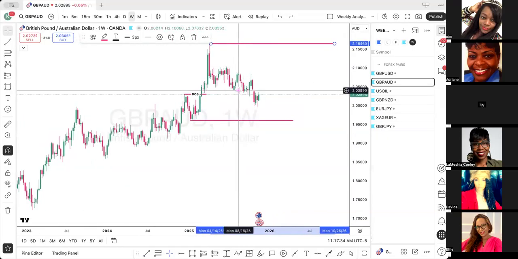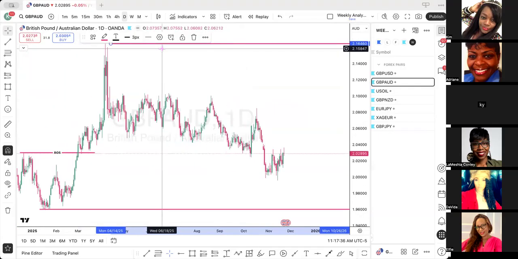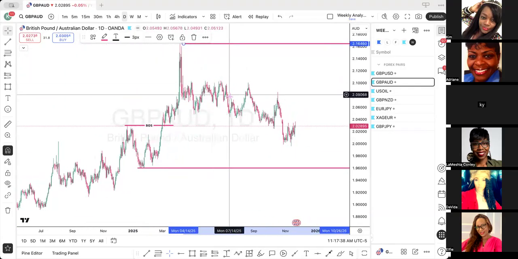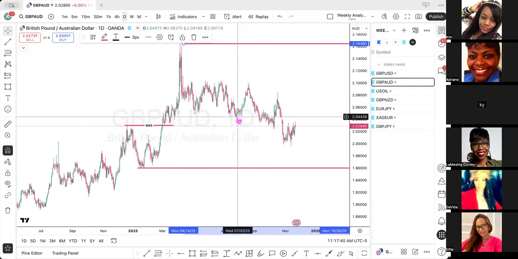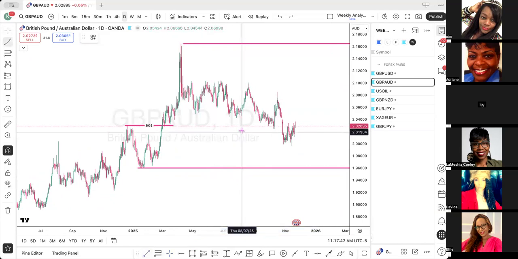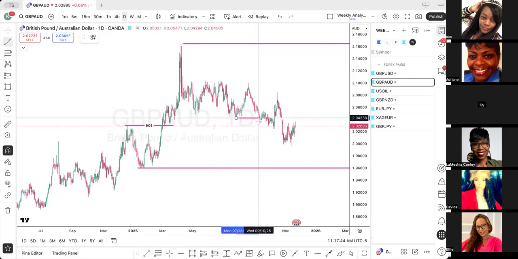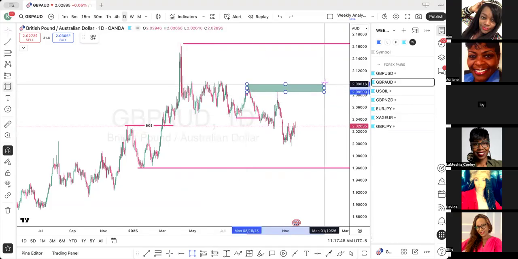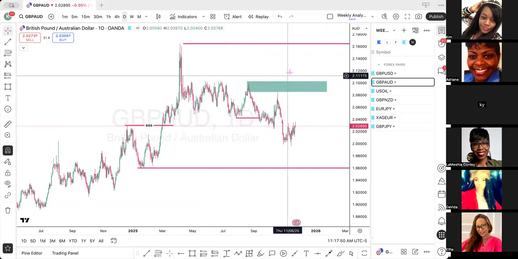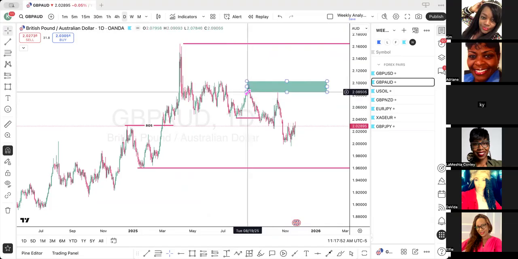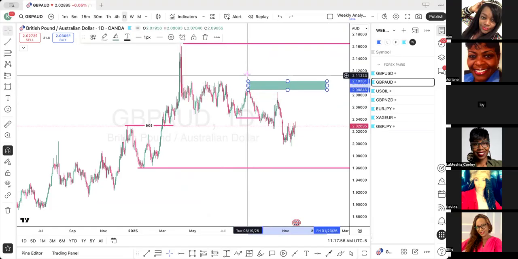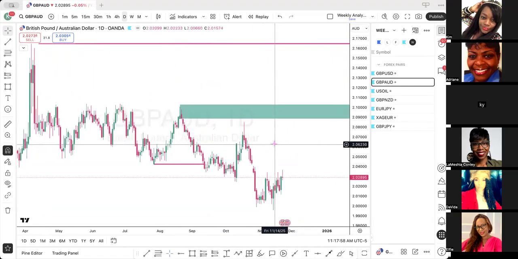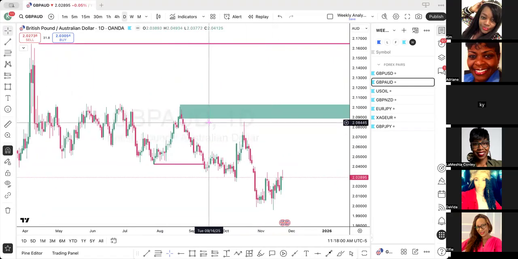So let's go down to the daily. And as you can see, we have bearish structure. You have a break of structure here. Price pullback to a supply zone or almost tapped into a supply zone. If you trade imbalances, then you got in on an imbalance.